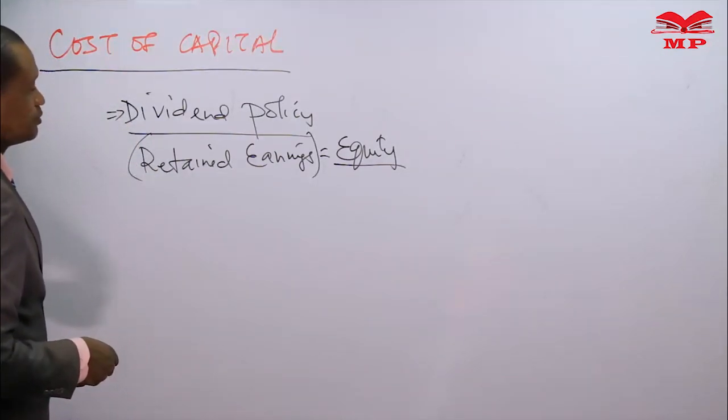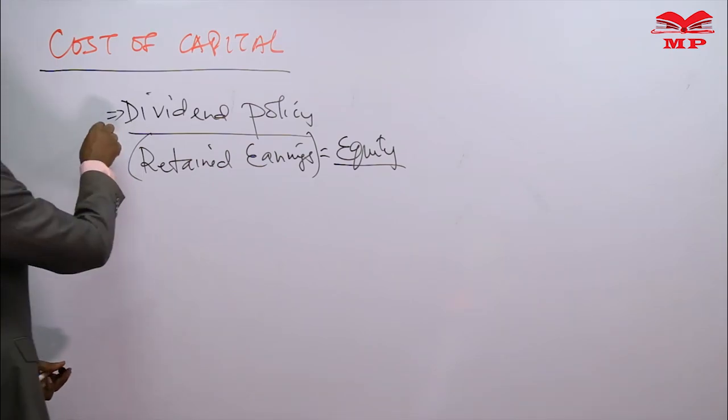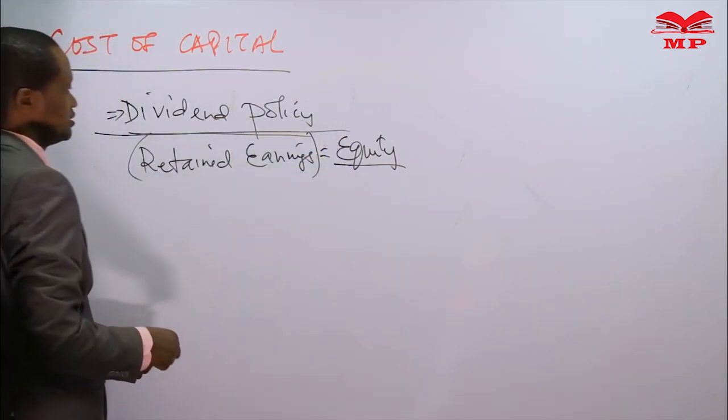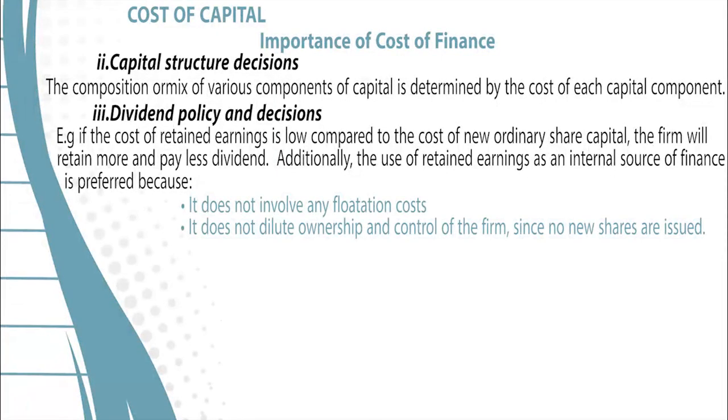So cost of capital, again, you can see, may affect decision policies within the firm. So we are saying if the cost of retained earnings is low compared to the cost of say ordinary share capital, then the firm will retain more and pay less dividends.